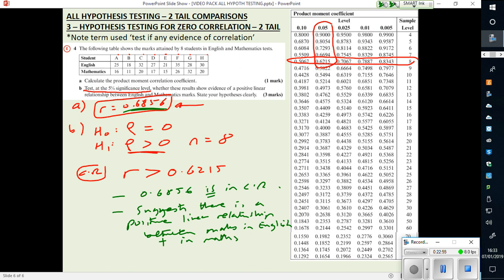And then again, last step, do we accept or reject? We're going to accept our H1, i.e. there is a positive correlation for the whole population. If you're better at English, you're better at maths. Okay, that's the end of that one. So hopefully this has helped with the overall hypothesis testing revision for everything.